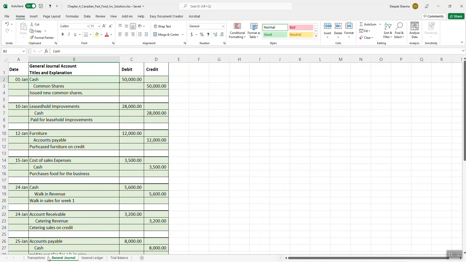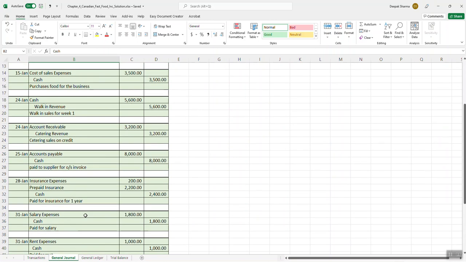Make sure you identify that to me, because there will be marks allocated for those things. So this will complete the transactions.